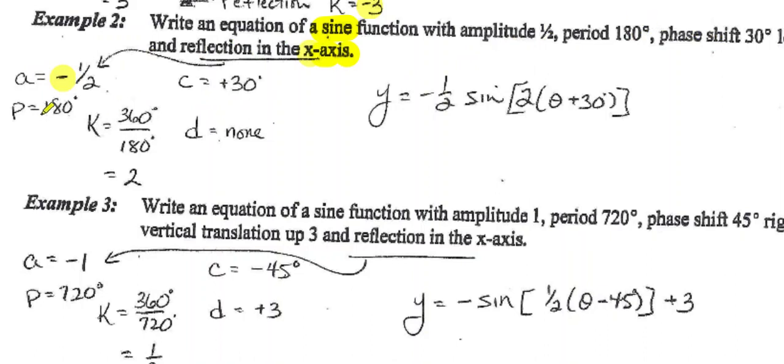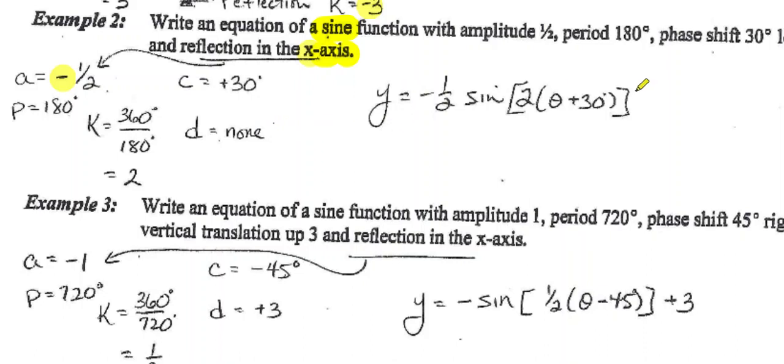Period is 180 degrees, so 360 divided by 180 is 2, so your K value equals 2. It said you had a phase shift of 30 degrees left, so that's a positive 30, positive meaning left. Nothing was stated about a vertical translation, so there is none.